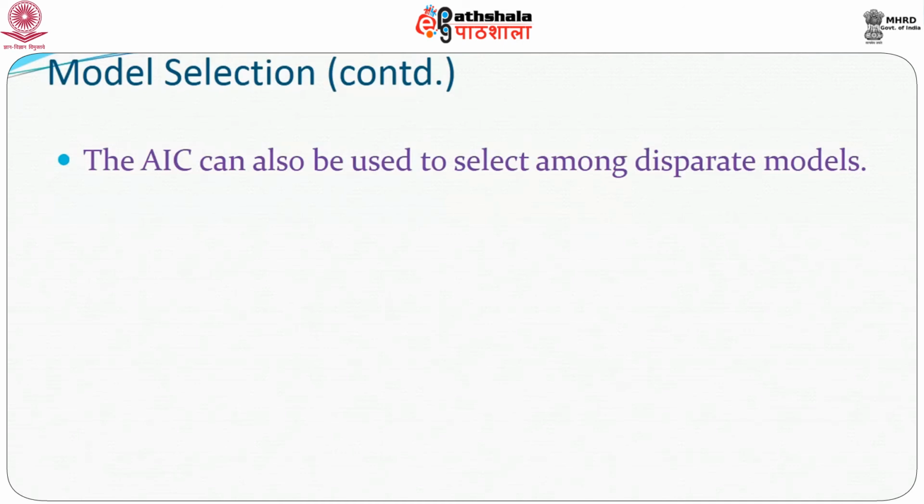But we can have alternative models, like an AR(p) model, an ARMA(p,q) model, or a basic structural model. So there can be alternative models under the state space setup, and the AIC can be used to choose among them. The one with the smallest AIC value can be chosen.